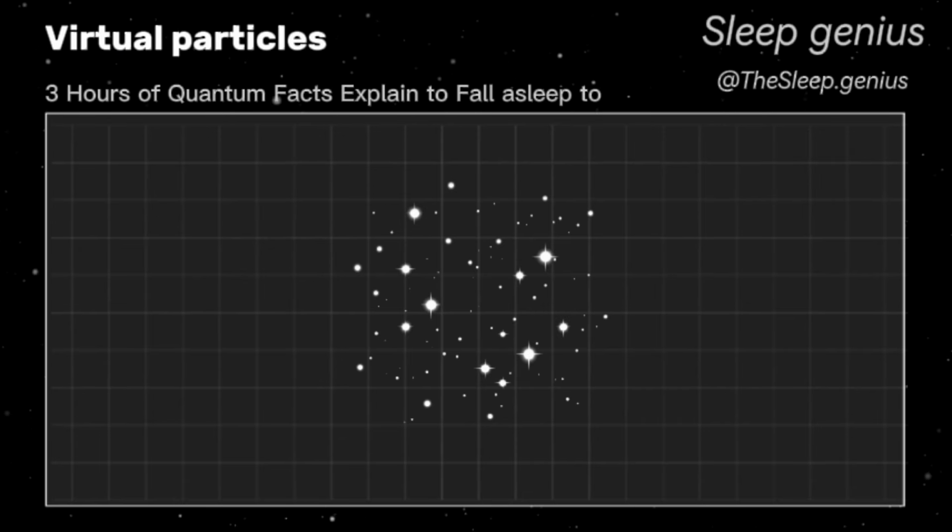Virtual particles are entities that exist fleetingly within the quantum fabric of reality. They are not particles in the conventional sense, for they do not possess a permanent, observable presence. Instead, they appear spontaneously in the vacuum of space, manifesting and vanishing in intervals so brief that their existence is imperceptible to direct measurement.